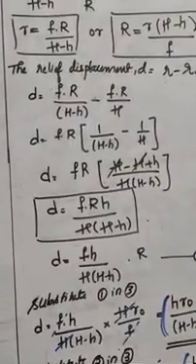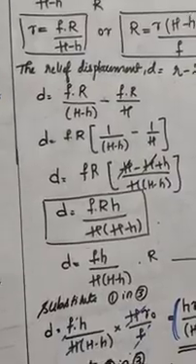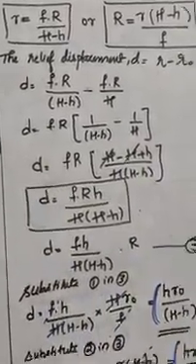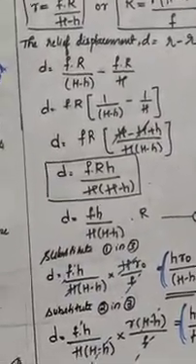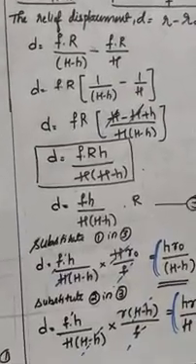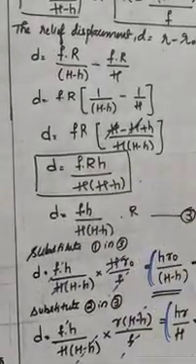When you make some solutions and reduce that, this capital H will be deleted since it is plus and minus, and small h will remain. So this is the final formula for relief displacement: D is equal to f r h divided by capital H into bracket H minus h.